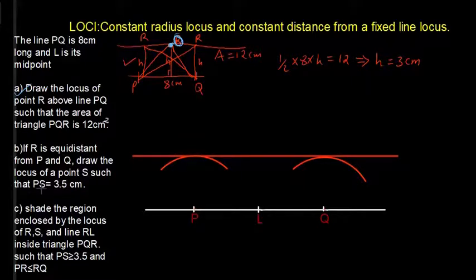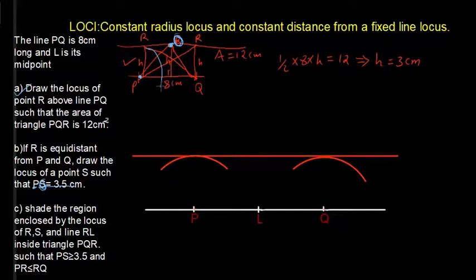So here we should be able to identify that this is a constant radius locus, so that we have a radius distance from a fixed point P to the locus of point S. That is, if we center ourselves at point P, then the circle would be as that.